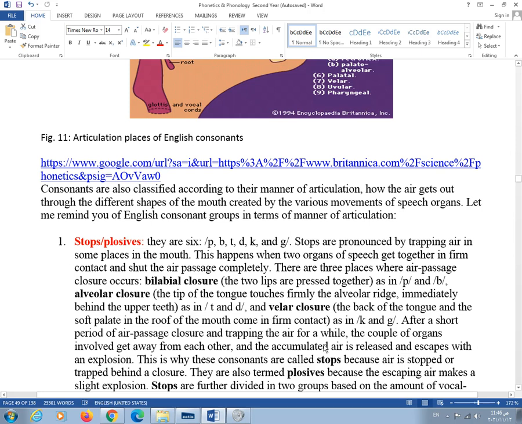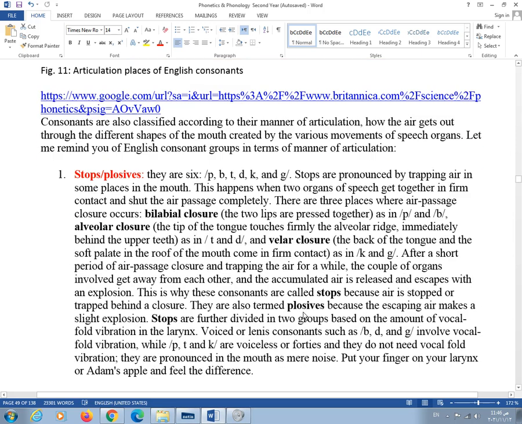Let's see where exactly this closure happens, where exactly the airway is blocked. The first place is the bilabial closure, and this happens when we have the two lips pressed together, as in p and b.